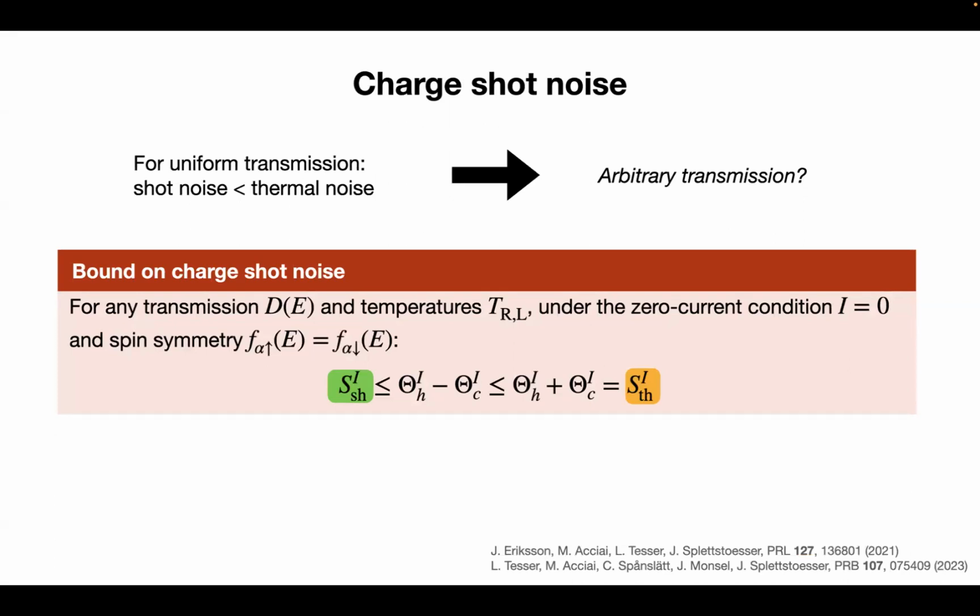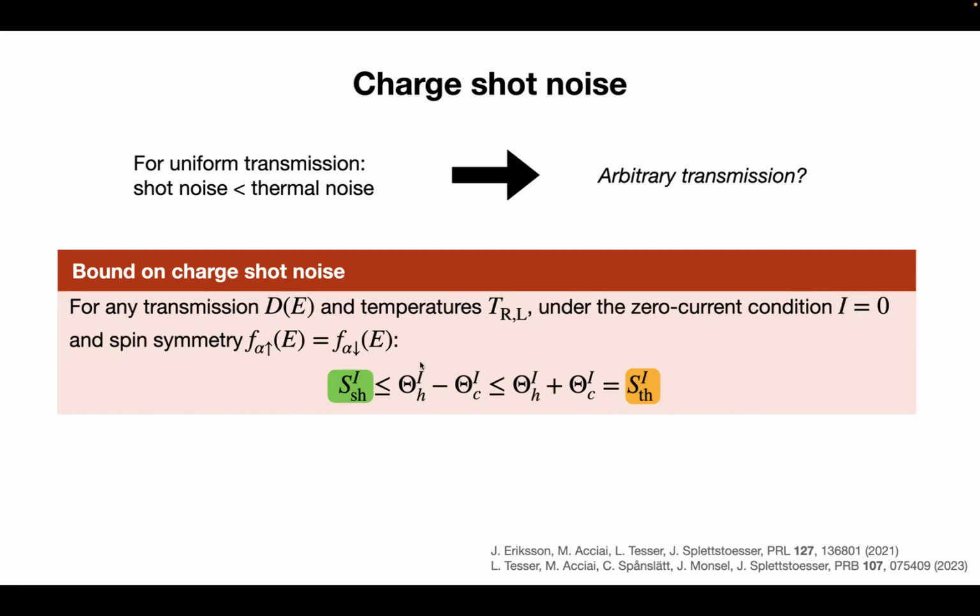And just by exploiting some clever inequalities, this was mainly done by Ludovico, we could prove a bound. So for any transmission function, temperature biases, and at zero current in a spin symmetric system, you find that the shot noise is always bounded by the thermal-like component of the noise.